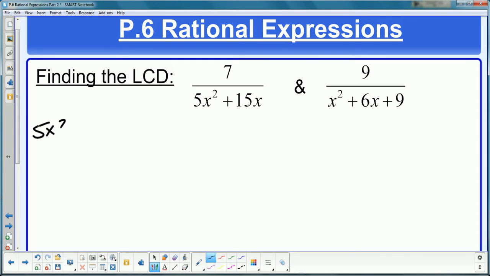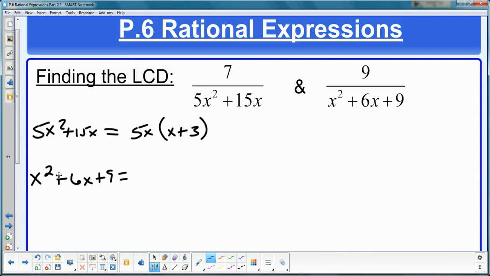So what I mean by that, if I take my first one here, I am going to look at 5x squared plus 15x, and I'm going to factor that completely. I can take out my greatest common factor from this one, which is 5x, and I end up with x plus 3 on the inside. I take my other denominator, x squared plus 6x plus 9, and I need to factor that completely. That gives me x plus 3 and x plus 3.